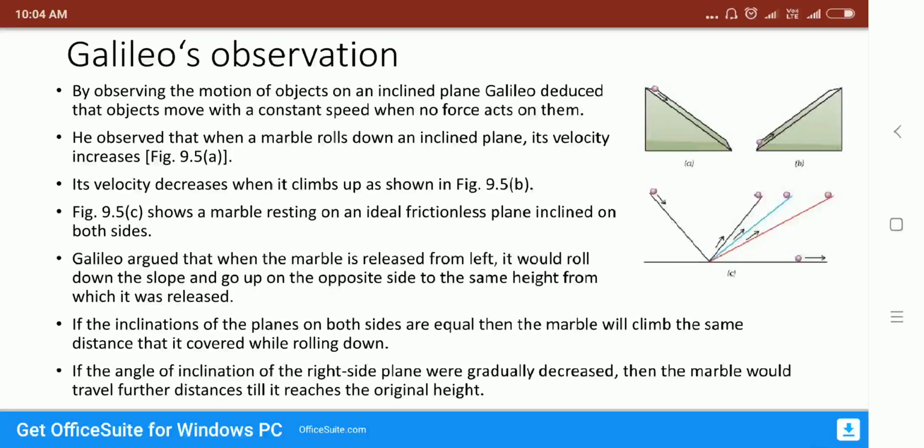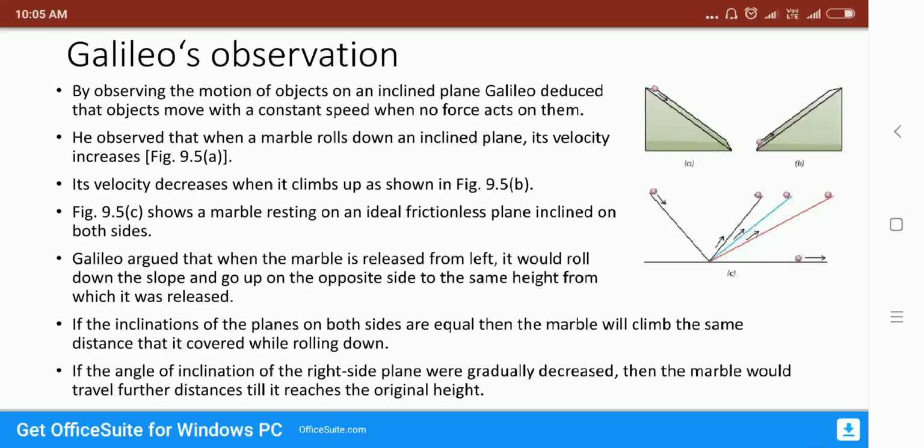The marble is released from the left and rolls down, so its velocity is higher, and in the opposite direction it moves upward. When the declination and inclination angles are the same, it can reach the height from where it started its rolling motion.